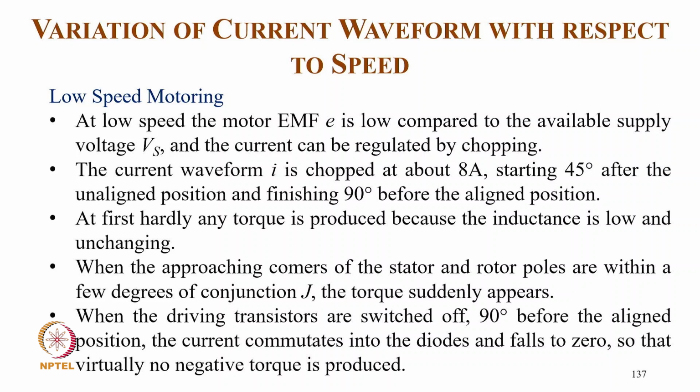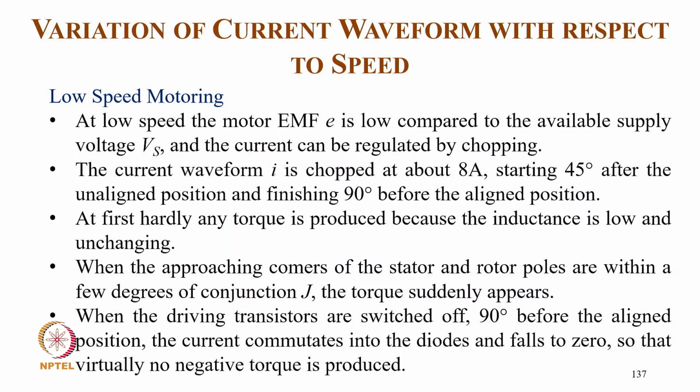Low speed motoring. At low speed, the motor EMF is low compared to the available supply voltage Vs, and the current can be regulated by chopping, and the current waveform is chopped at about 8 ampere starting 45 degrees after the unaligned position and finishing 90 degrees before the aligned position.